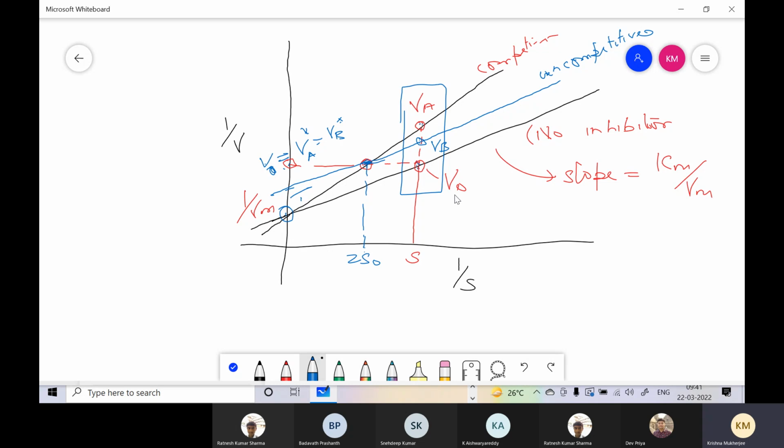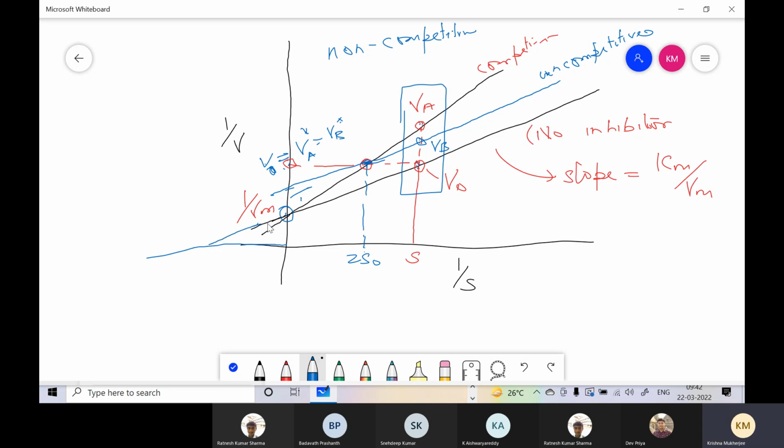So now tell me, how would it look for a non-competitive inhibitor? If I had said the non-competitive inhibitor has the same value as the slope here, where would it go? So now you have to remember that this was the original line here.